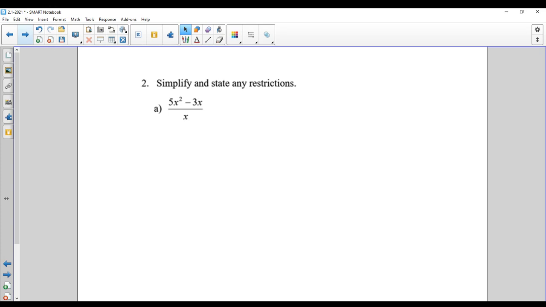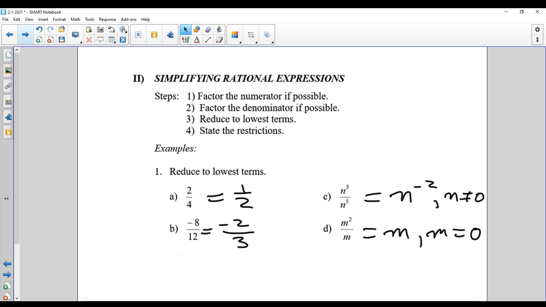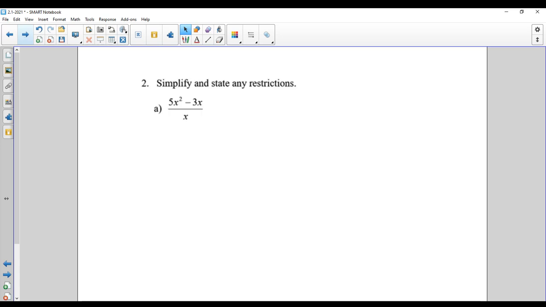Simplify and state any restrictions. Uh-oh, now it gets a little bit harder. Okay, so one of the things you saw on the previous page was to factor if possible.